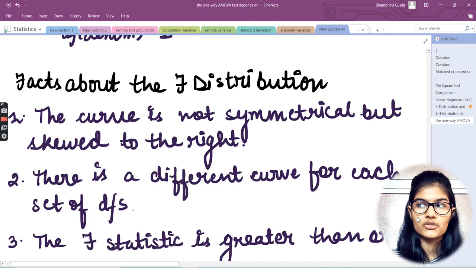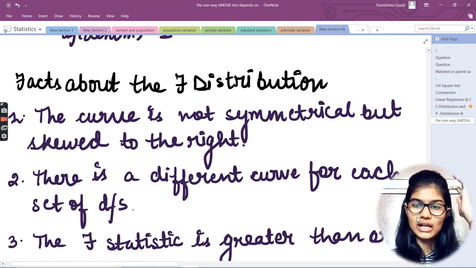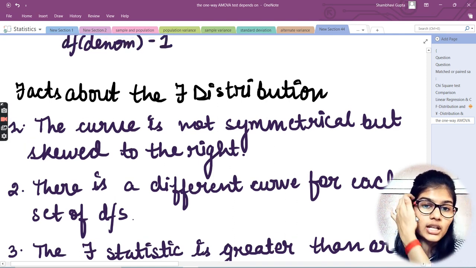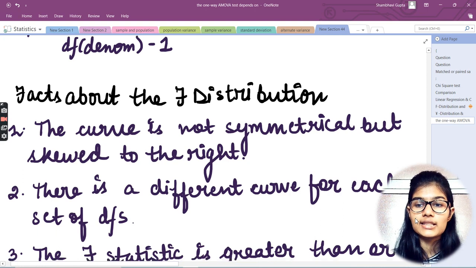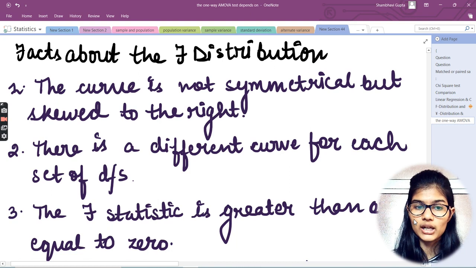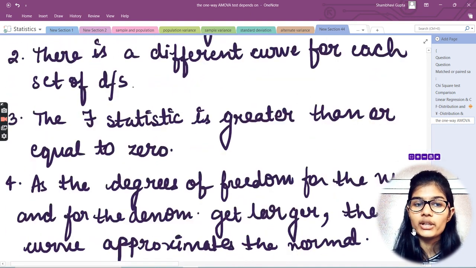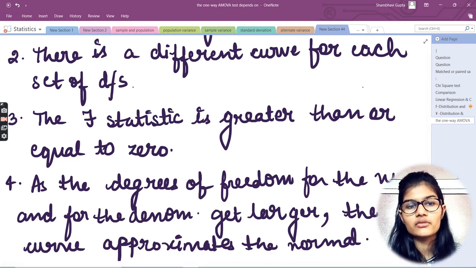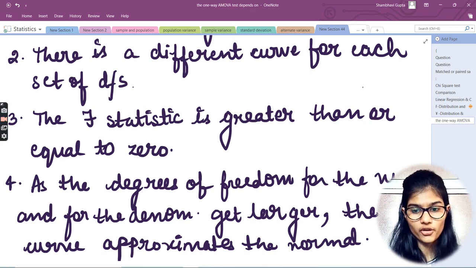The curve we get as an output is not at all symmetrical; it is skewed towards the right. For each and every set of different degrees of freedom, we have a different curve. As the degrees of freedom values change, the shape of the curve will change too, right?